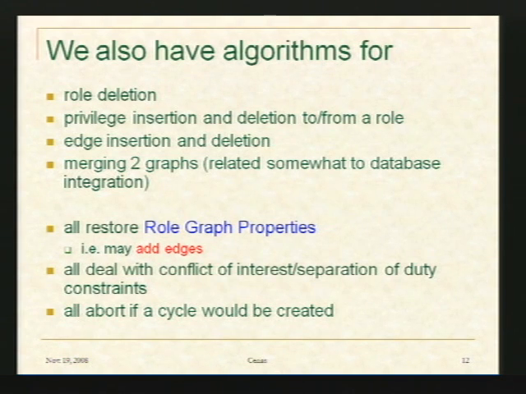Okay, and so they all do what we call restoring the role graph properties. And the main thing there is that they may add edges. And they all abort if we would create a cycle. And we actually discussed conflict of interest, which other people call separation of duty.